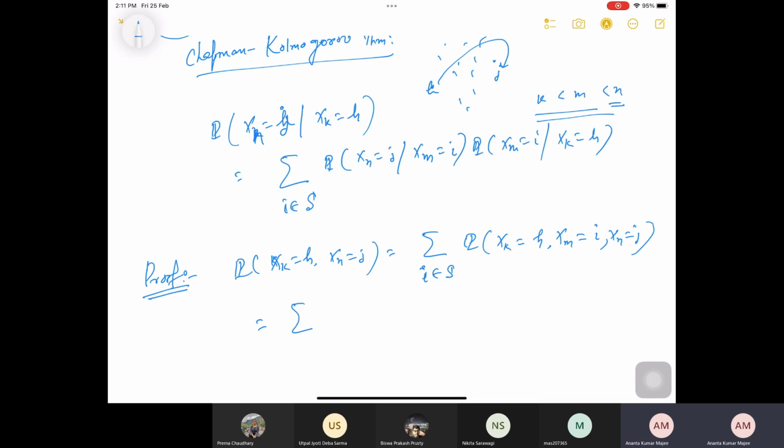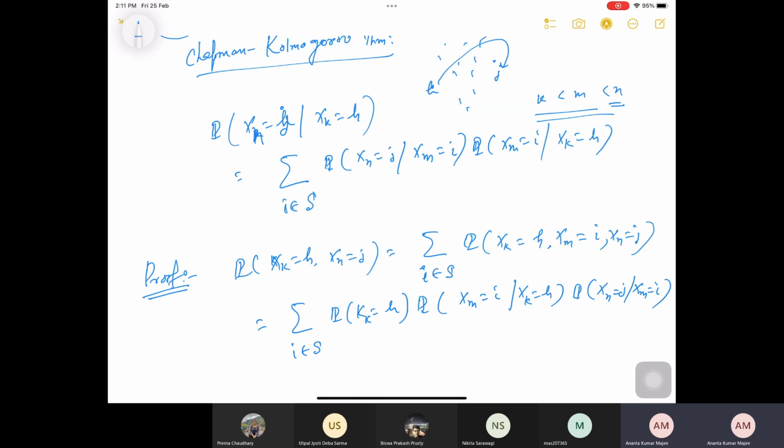This is summation over i in S. Now you see that x_k is equal to h, x_m is equal to i, x_n is equal to j. So then I can write down using the previous thing I have done: summation over i in S, probability of x_k is equal to h, which is kind of the initial, and then probability of x_m is equal to i given x_k is equal to h, and then probability of x_n equal to j given x_m is equal to i.